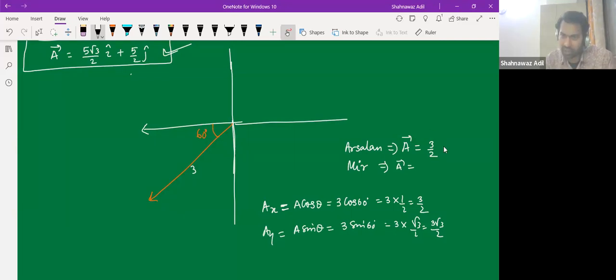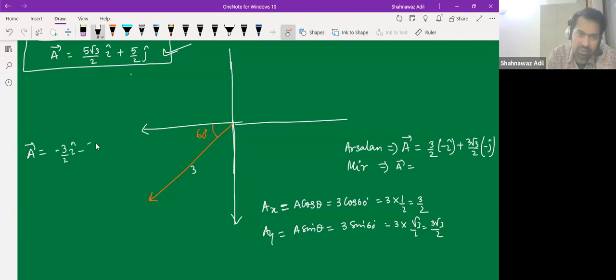Negative, right? So negative i hat, and 3 root 3 by 2 again negative j hat. So I can write this vector as minus 3 by 2 i hat minus 3 root 3 by 2 j hat. So this would be the vector. Is this clear?